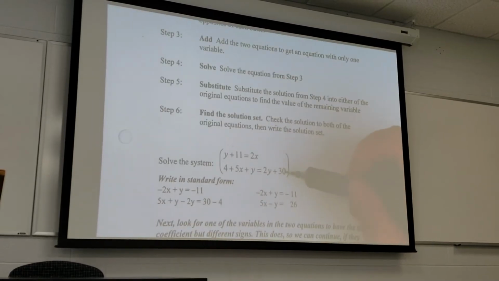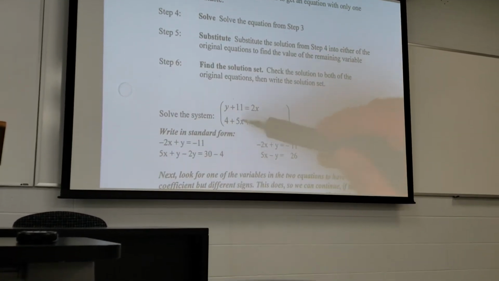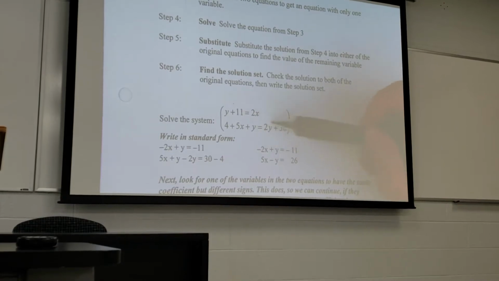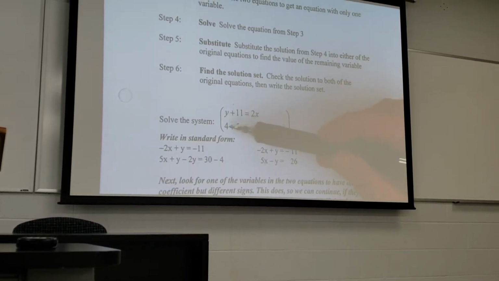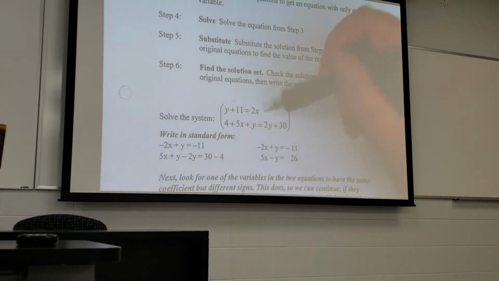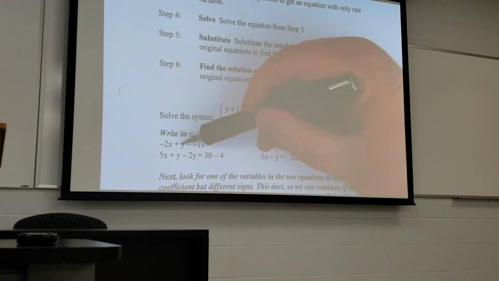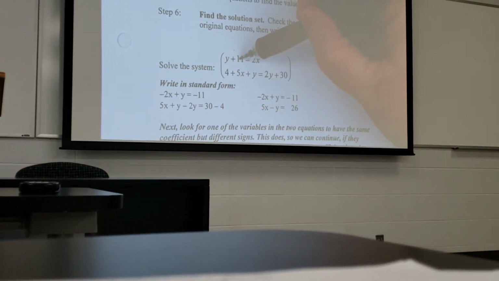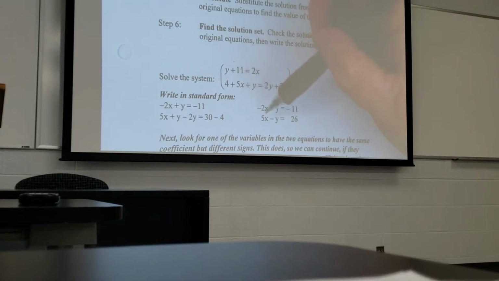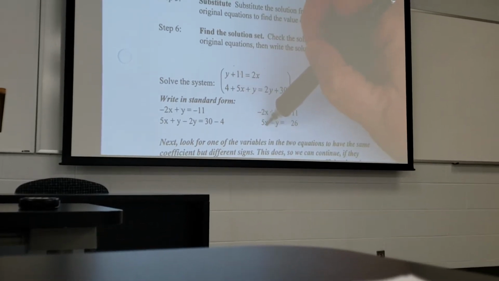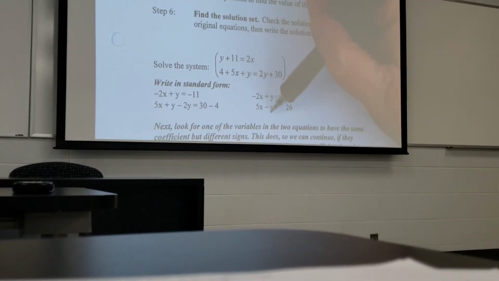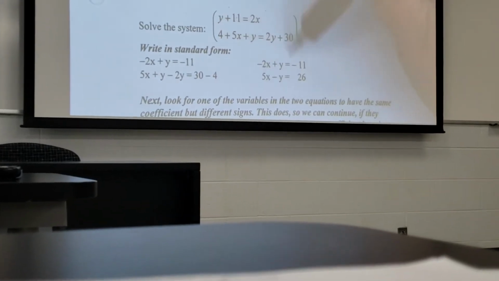You can't do it in this form. You need your x and y's over to one side equal to a number. So this will be negative 2x plus y equals negative 11, and this one is 5x minus y is equal to 26.